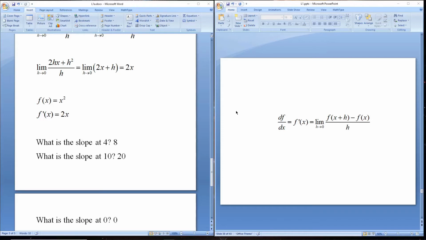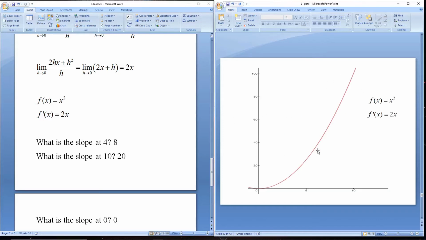So let's take a look at that on a graph. Here is x squared, and here is the derivative we just found, 2x. What is the slope at 0? Well, that's right here. The derivative is giving us the slope of this tangent line.